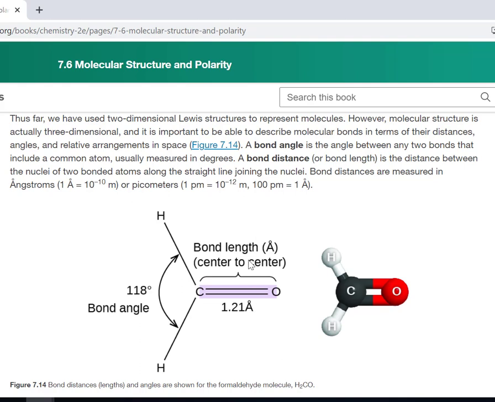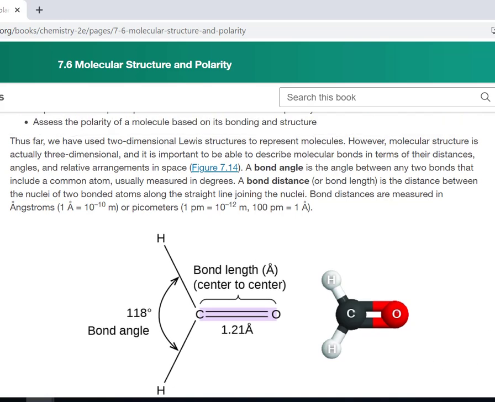This looks kind of like a Lewis structure, but we're saying more specific things here. The angle of this bond is, in this particular case, 118 degrees. This is the length of this bond, 1.21 angstroms. We're not going to get too deep into the bond lengths in this course, although that is certainly something that could be looked at in more detail.